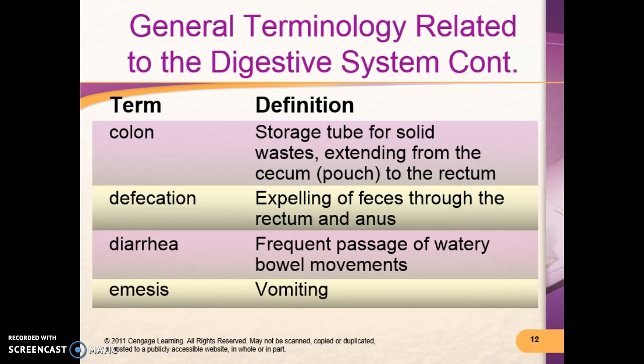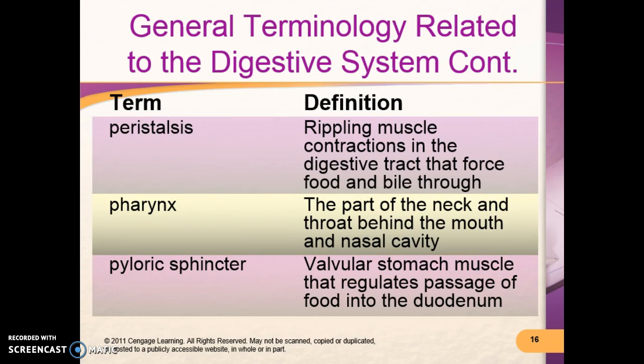Another one you may not be familiar with is peristalsis. This is the actual movement within the digestive tract. So again, make yourself familiar with these terms and make sure you understand them.